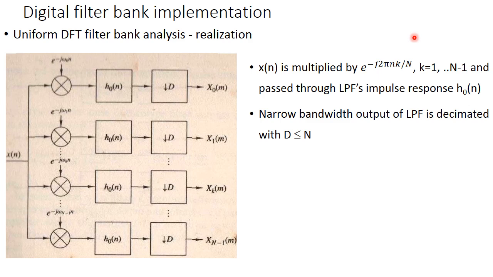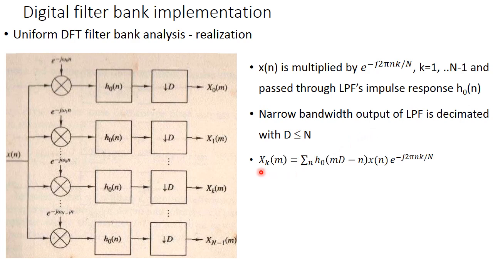The narrow bandwidth output of the low pass filter: after the multiplication we have a low pass filter, and then it is decimated. You know that a decimation process requires a low pass filter. So it is decimated with the constraint that the decimation factor is less than or equal to N, the number of points of the DFT or FFT.